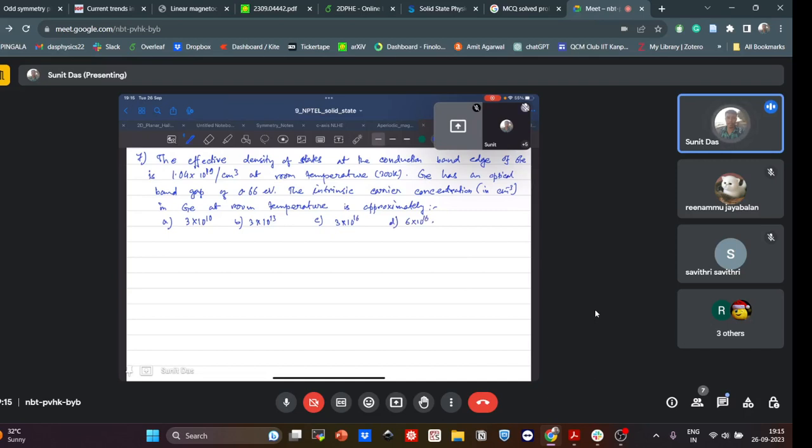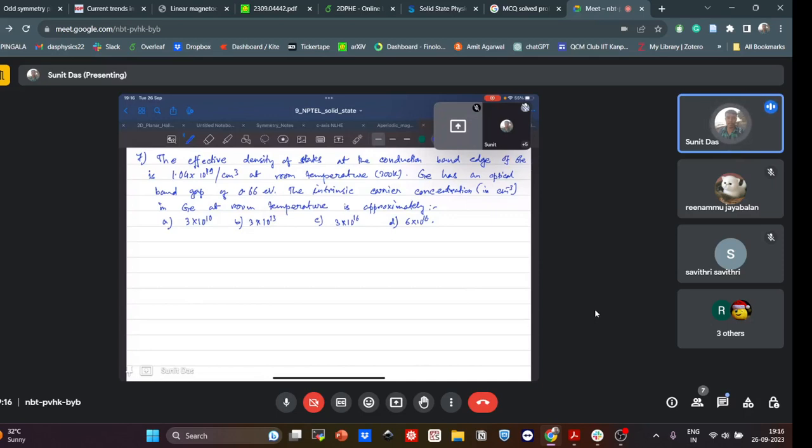So the effective density of states at the conduction band edge of germanium is given as 1.04 into 10 to the power 19 per cm cube at room temperature. Now germanium has a band gap, just optical band gap, of 0.66 electron volt.